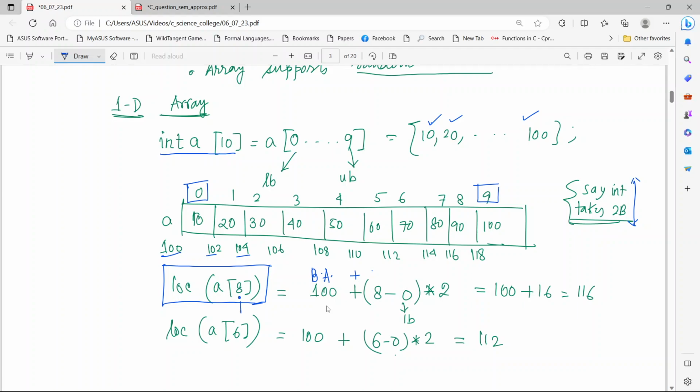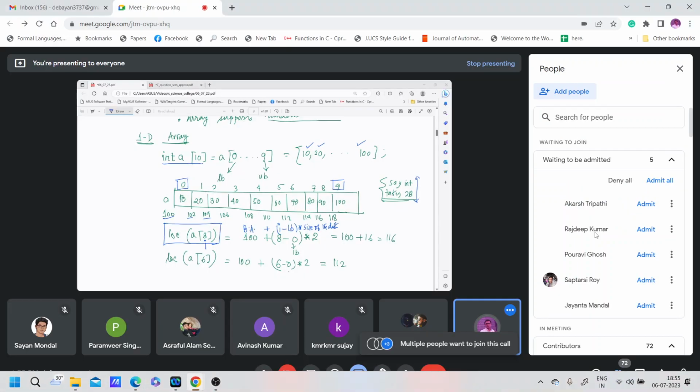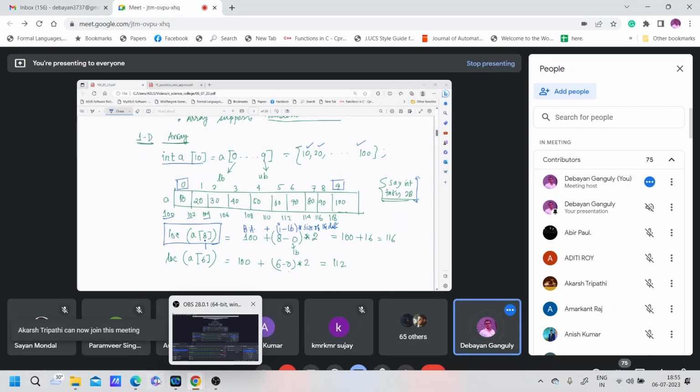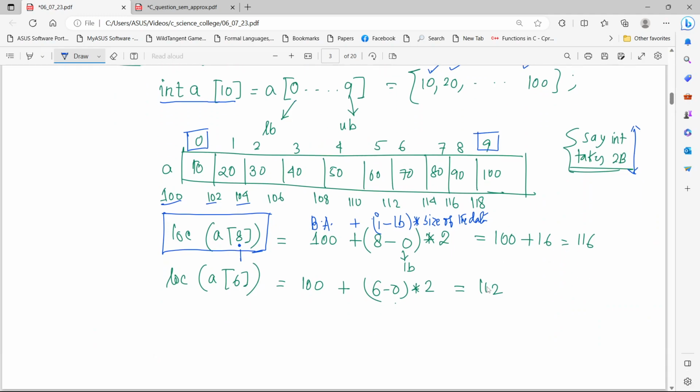That means if the value is I, then I minus the lower bound, multiplied by the size of the data. That gives the address of the location A8.